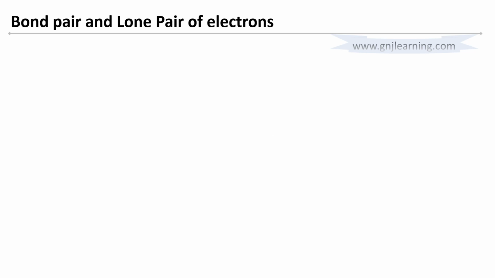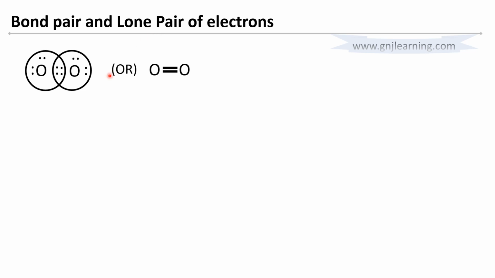To begin with, let us differentiate between a bond pair and a lone pair of electrons. Let us take an example, the oxygen molecule which we already saw in the last part. Each oxygen atom has 6 electrons. In order to attain the octet, both oxygen atoms decide to share 2 pairs of electrons.